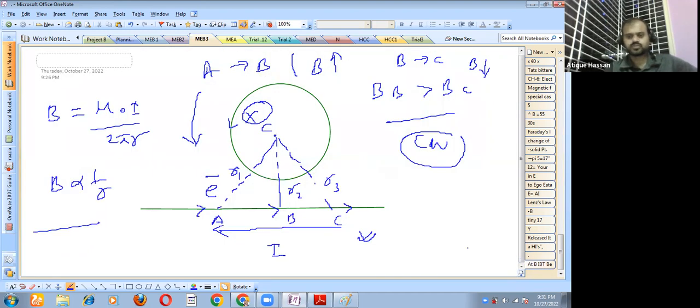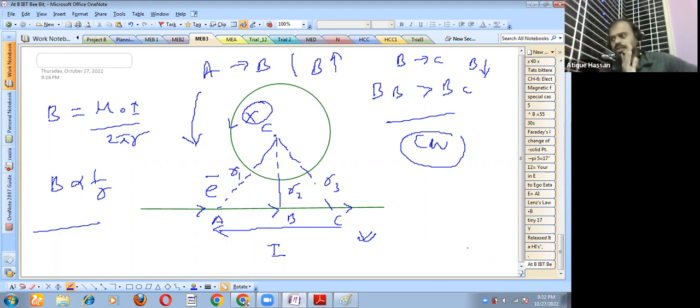Understood? Both of you, any doubt, please ask. So simply you have to understand that when the electron is approaching, the magnetic field is increasing. Whatever be the direction of current, we are not bothered about the direction of induced current. We just bother about the fact that when the electron is approaching the coil, the magnetic field is increasing, so current will be induced in one direction.